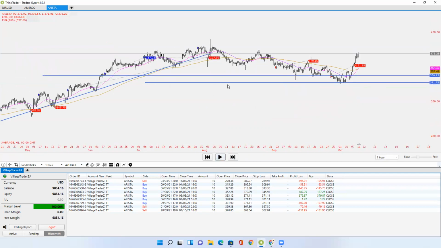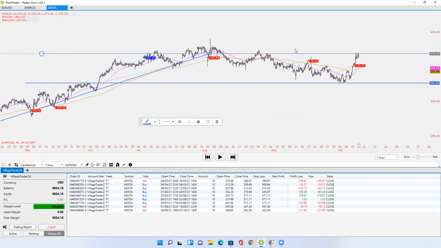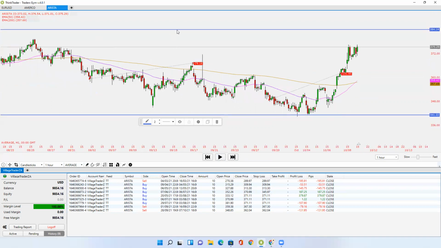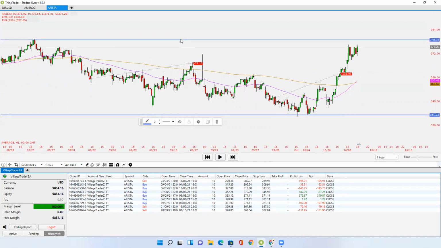Let's see if we put that there. Look at that. That's what we call an area of value. So now that we've broken on the upside, let's wait, because we haven't seen this price in a very long time. Let's see if it breaks through.